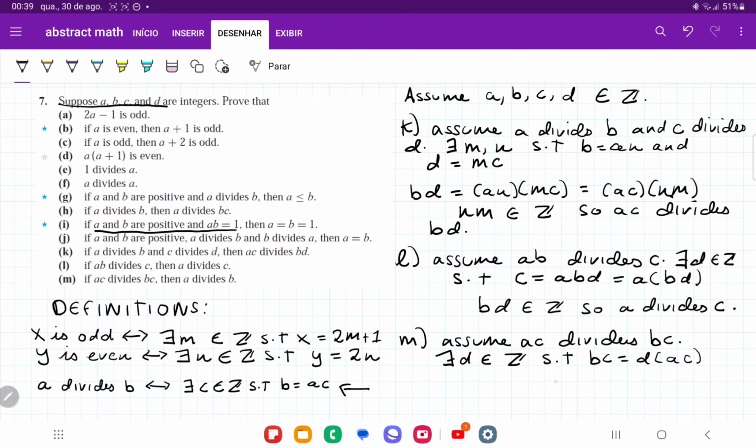So if we divide both sides by C, we have that B is equal to AD, and so D belongs to the set of integers, so A divides B. And that is it for problem number 7.